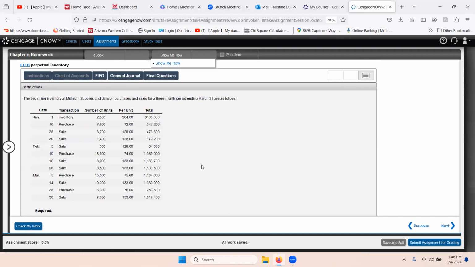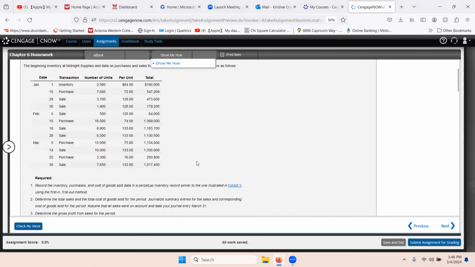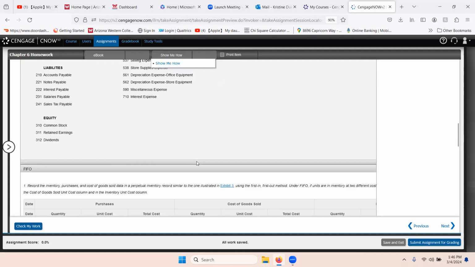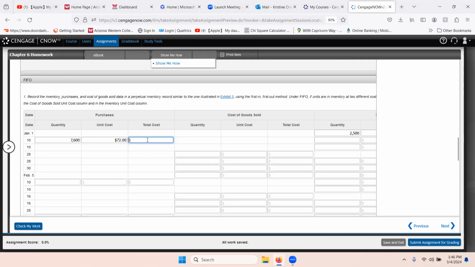They're not technically batches, but we're going to call them batches because it helps us think about these. 547,200.